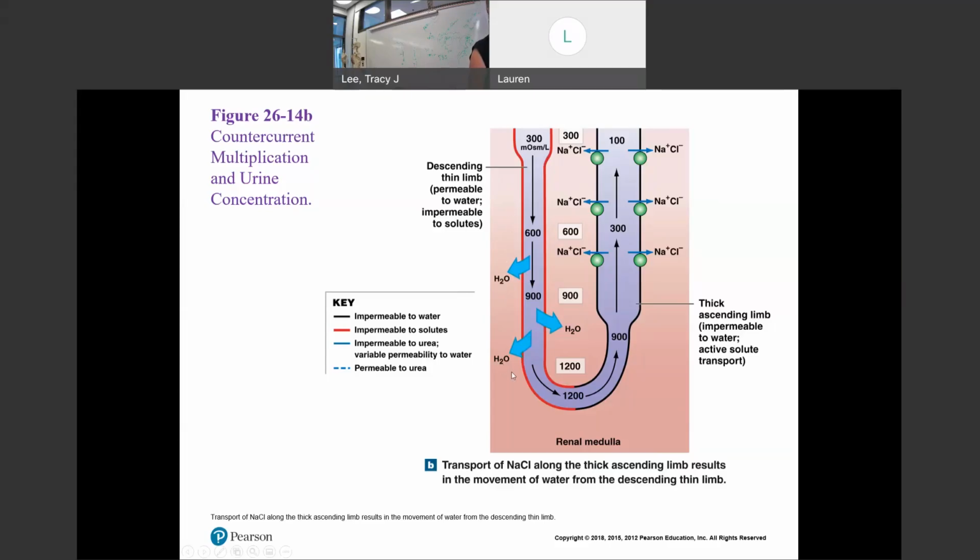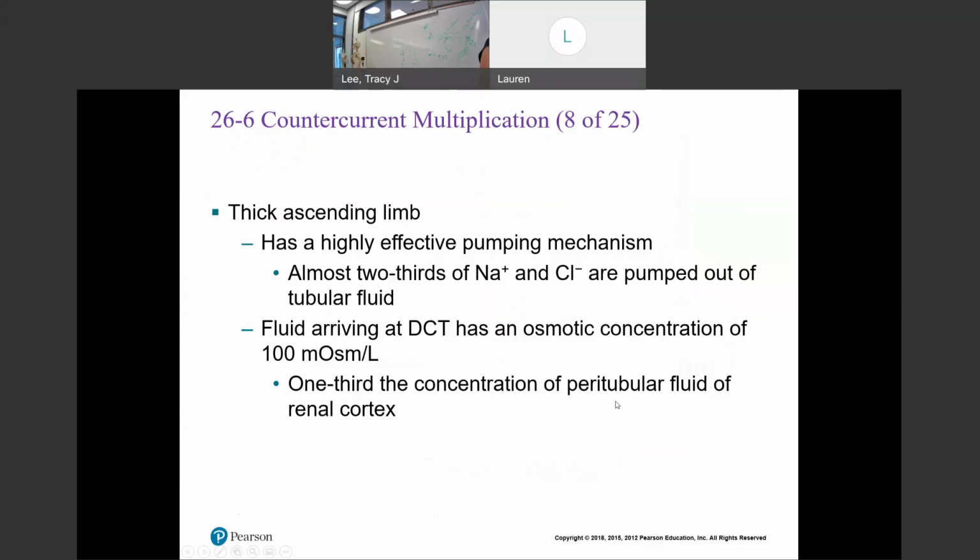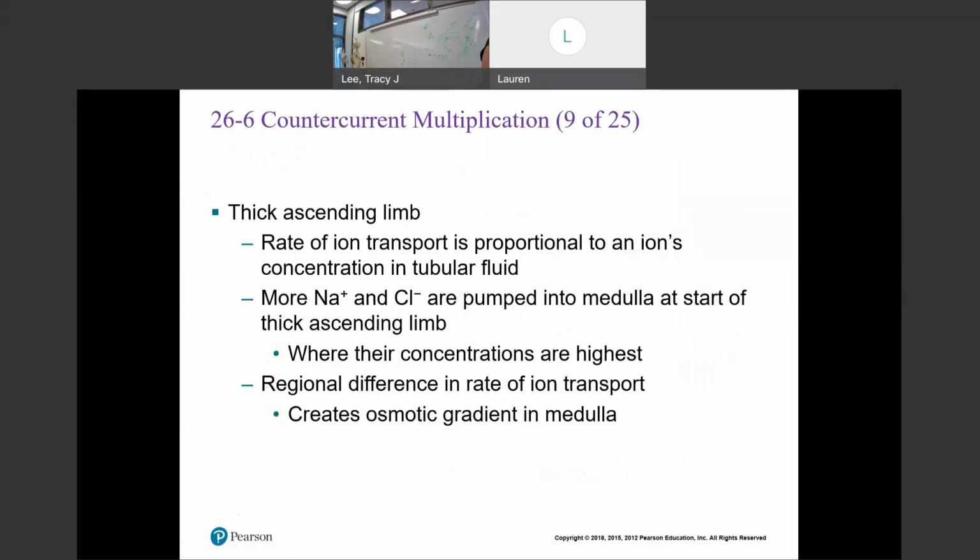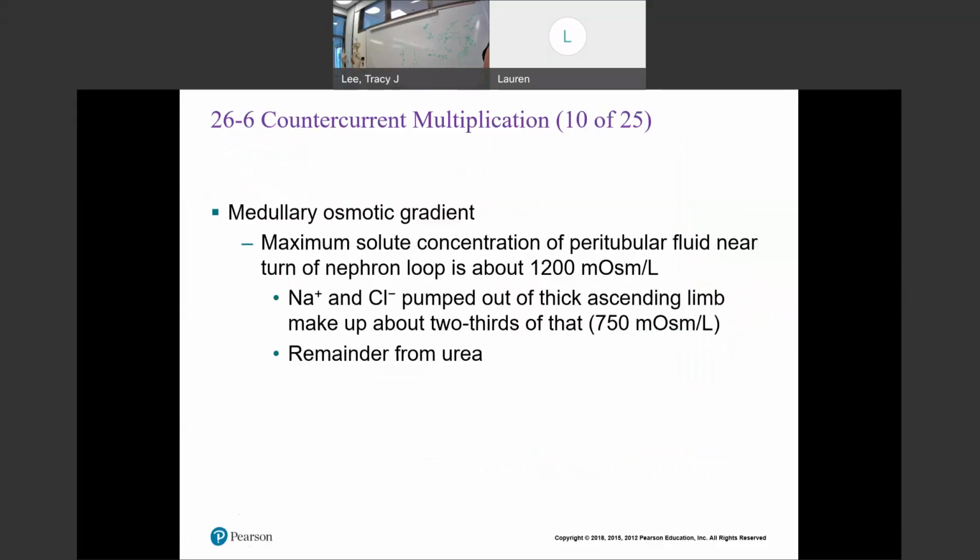I lost a lot of water by the time I got down here. When I get to the bottom or at equilibrium, now this isn't going to let any water out. So as I go up, I'm going to let my solutes out. And that's what makes this part get salty for this part. So that's what I want you to know about those.